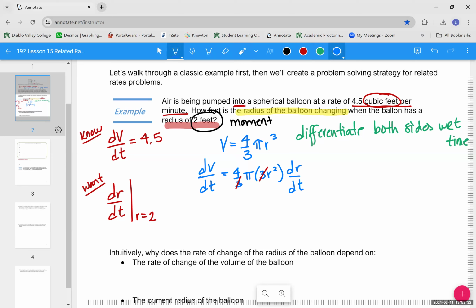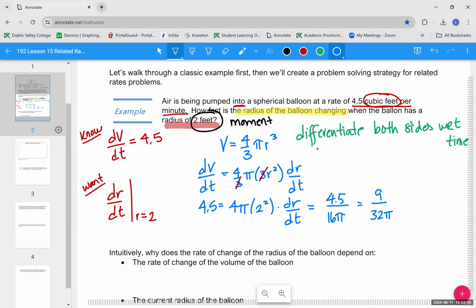So 4.5 here equals 4 pi times 2 squared times dr/dt. And then it's just kind of a matter of dividing over the 4.5 by the 16 pi, which is the same as 9 over 32 pi.